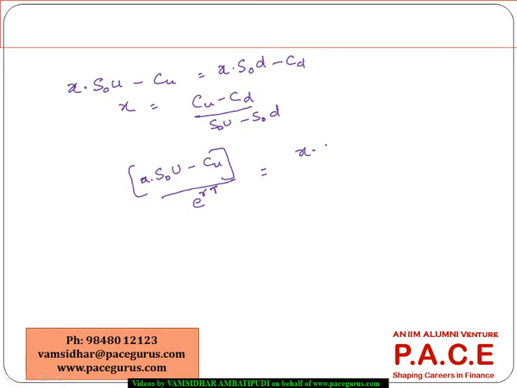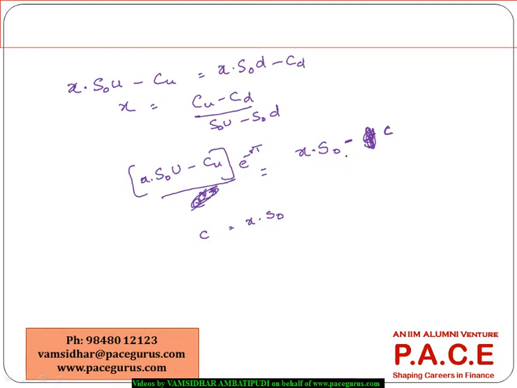I have X shares which I have purchased at S naught today, and I have sold a call option which is giving me a premium equivalent to C. So with this, if I am trying to find out the value of C, it is coming out as X times S naught minus the present value, which I would write with e power minus RT.